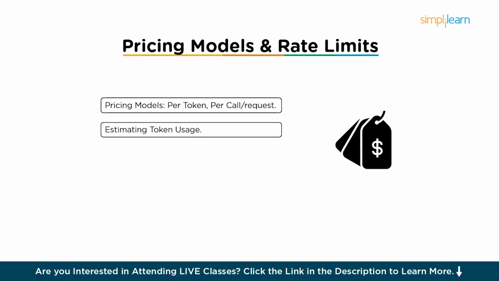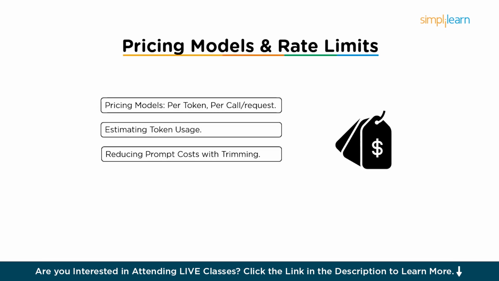Next, estimating token usage. Since tokens are the primary cost driver, estimating token usage becomes vital for budgeting. This involves understanding how your average conversation length translates into tokens for both input and output. Tools and libraries are available to help you count tokens before sending them to the API. Next, we have reducing recurring prompt cost with trimming.